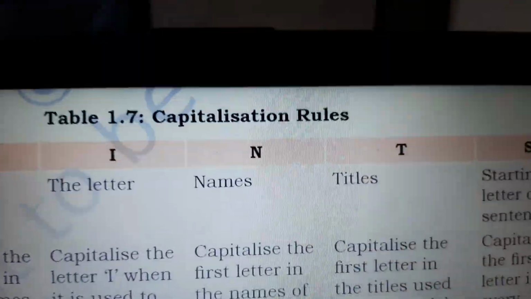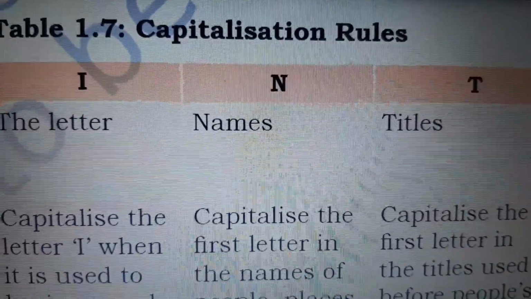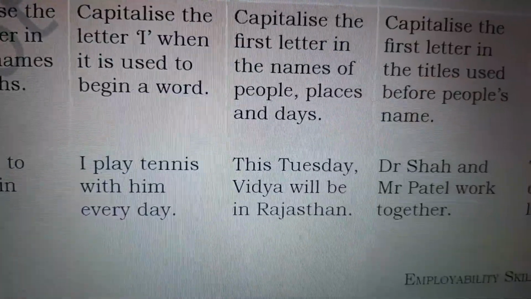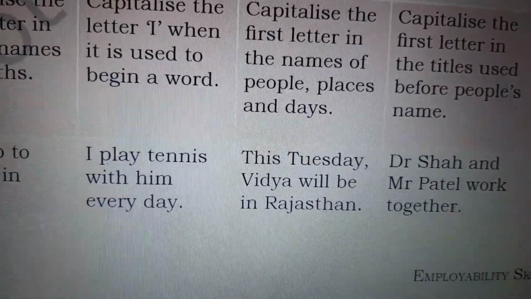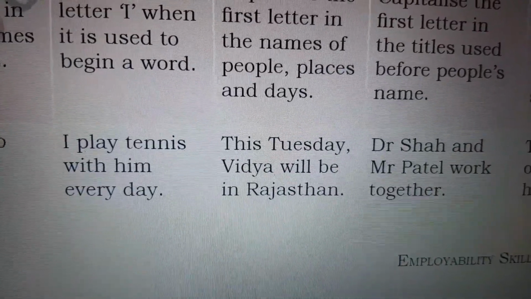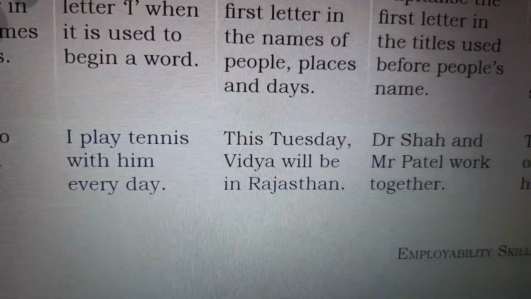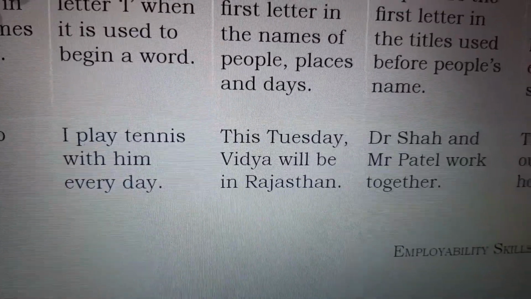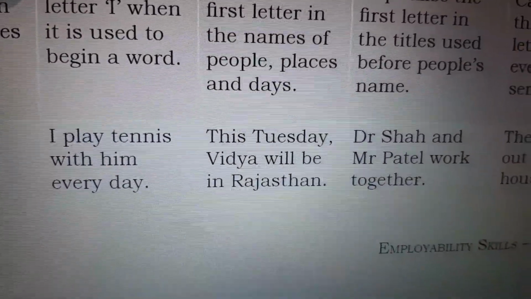Next, it's the turn of N. N stands for names. So names of people and places will be capital, like this Tuesday, Vidya will be in Rajasthan. Vidya, Rajasthan, Tuesday, all their first characters are capital.